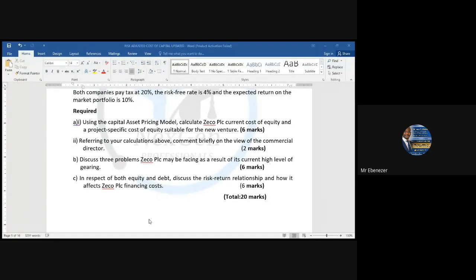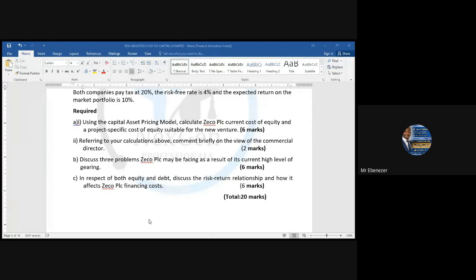If the examiner says you should determine a project-specific cost of equity, do you know what it means? We'll get to adjusted present value. That means the project is only financed by equity. Don't forget that the C part of this question says the financing of Zeco PLC, the company. The B part is talking about the company.